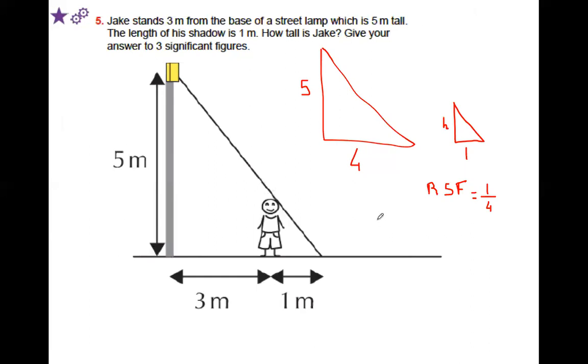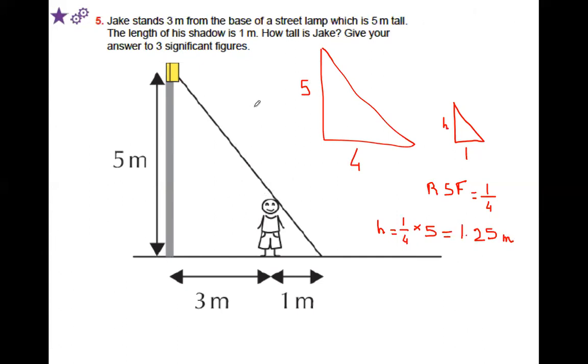So h is 1/4 times 5, and that is 1.25 meters. So Jake is a small boy, not very tall. But that makes sense.